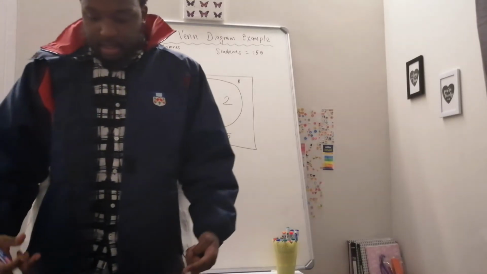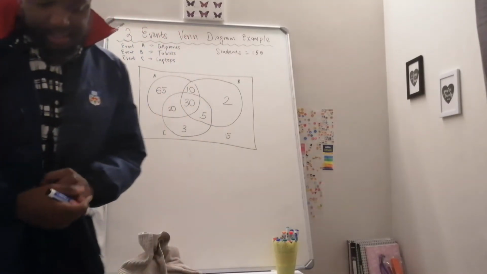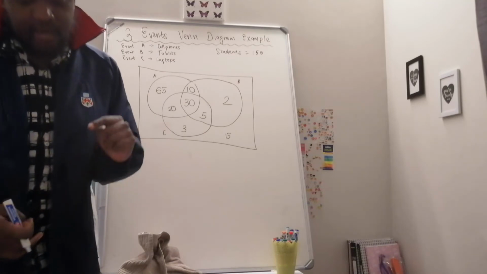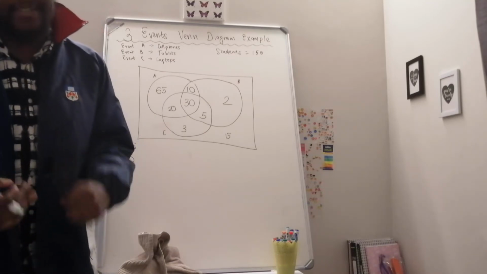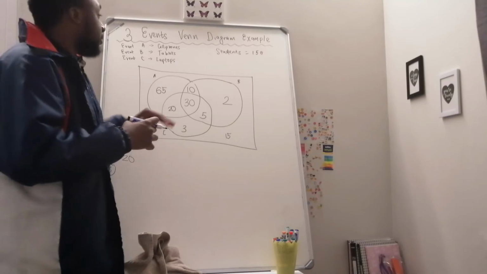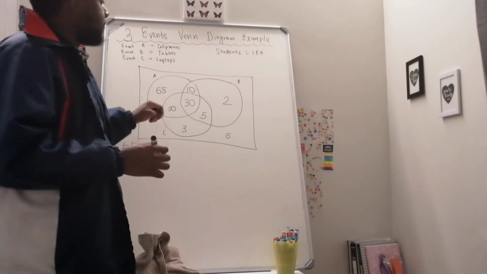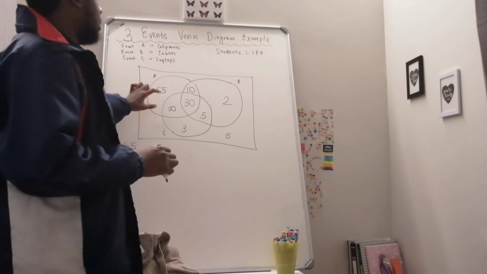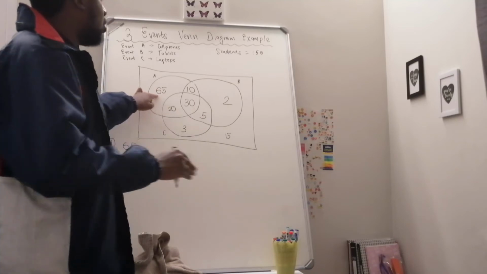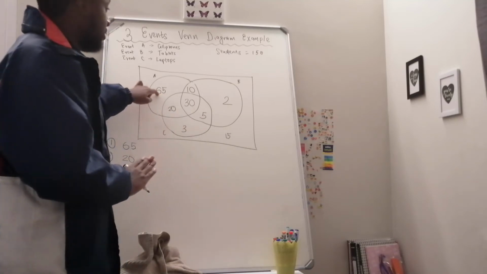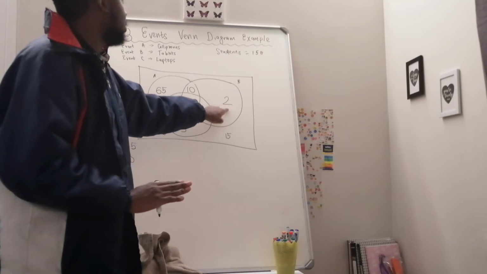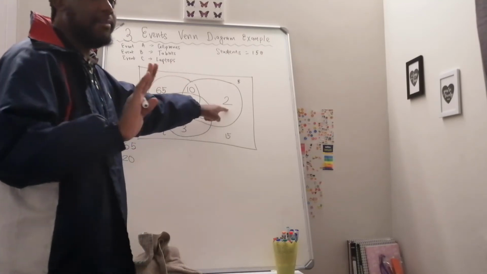Number 3 asks, how many of the teenagers surveyed own exactly one of the 3 devices? So remember what this is. This is the students that own just the cell phones. This is the students that own just the tablets.